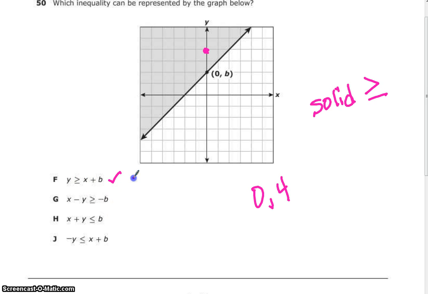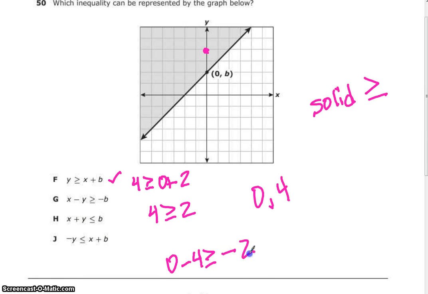So if I go 4 is greater than or equal to 0 plus b, which we know that our b right here is 2. Is 4 greater than or equal to 2? Yes. So that looks good. Here we're going to say 0 minus 4 is greater than or equal to negative b. We said b was 2.